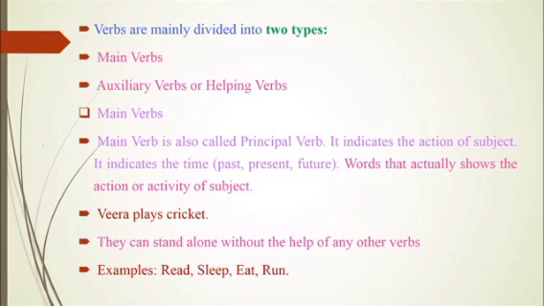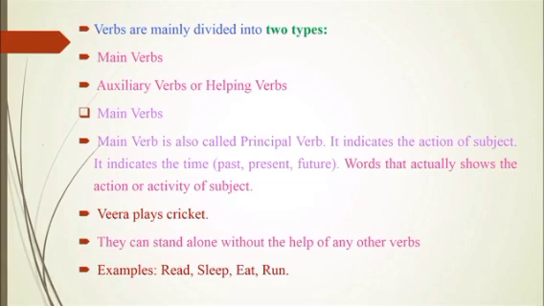Main verb is also called principal verb. It indicates the action of the subject. It indicates the time, that is past, present and future. They are words that actually show the action or activity of the subject.